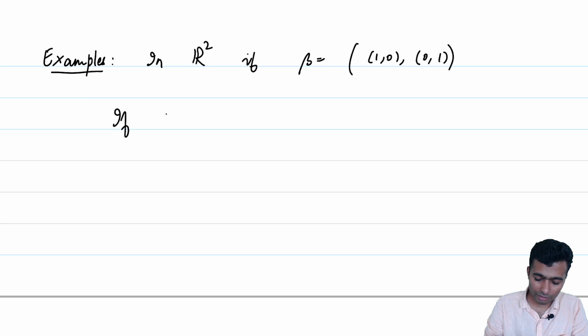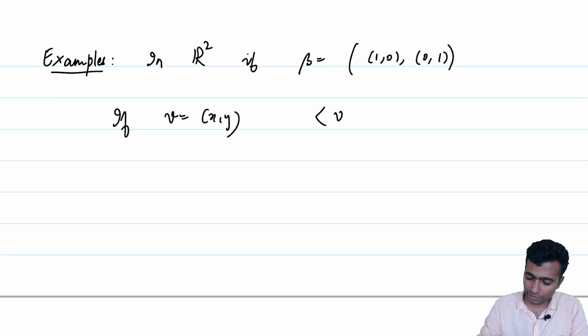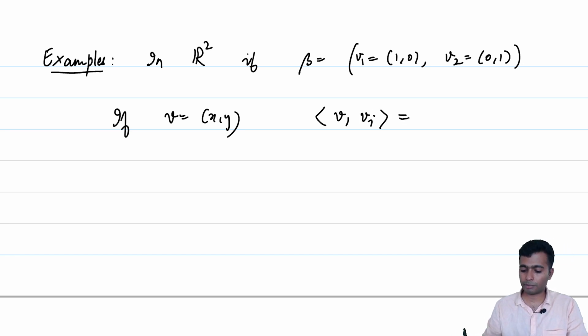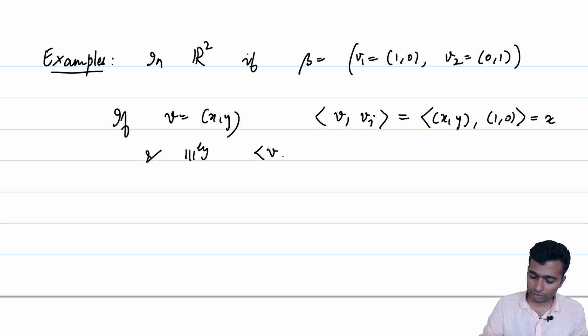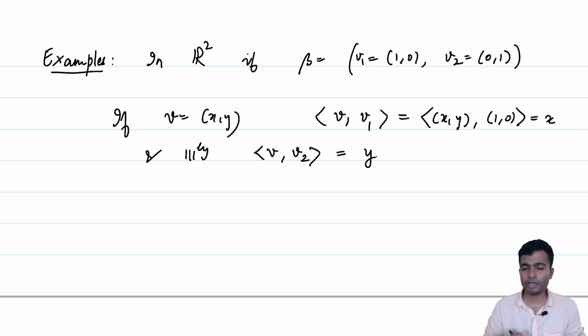If v is equal to say (x, y), then the inner product of v with, let's call this v1 (1, 0) and v2 (0, 1), v with v1 will just be the inner product of (x, y) and (1, 0), which is equal to x, and similarly v with v2 is just going to be y.